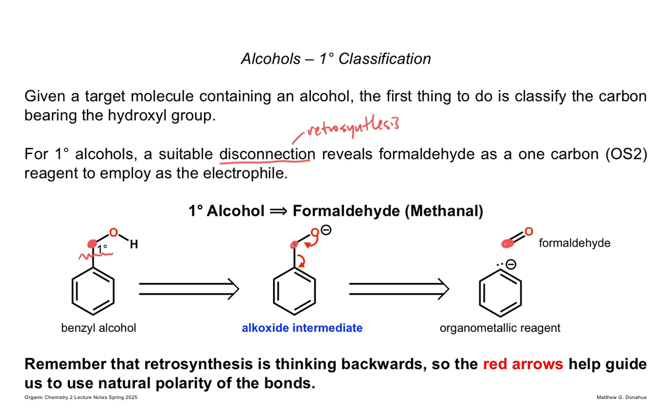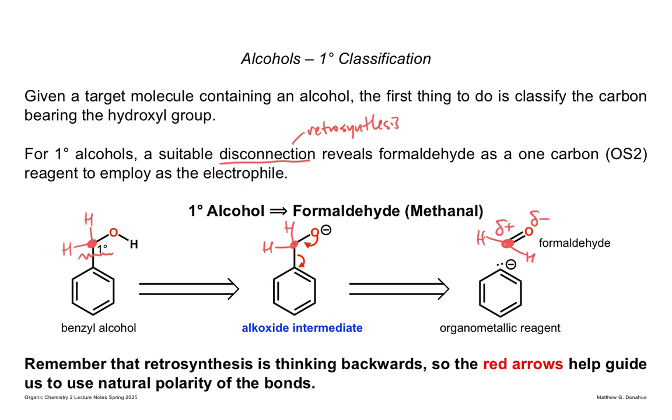So in thinking backwards, we can break it just based on polarity arguments, where the starting carbonyl group comes from formaldehyde. So see these two H's? Those H's would come from formaldehyde. We know that the carbonyl has that polarity.